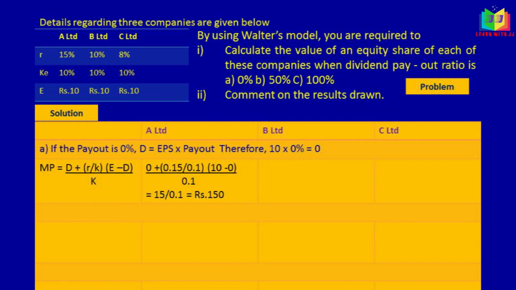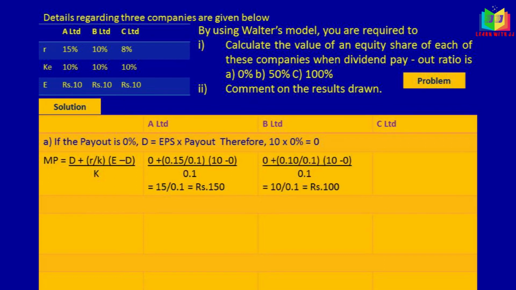Similarly we work out B Limited. For B, R is 10% and K is 10%. So 0.1 divided by 0.1 into 10 minus 0, the whole divided by 0.1, we get 100 rupees.